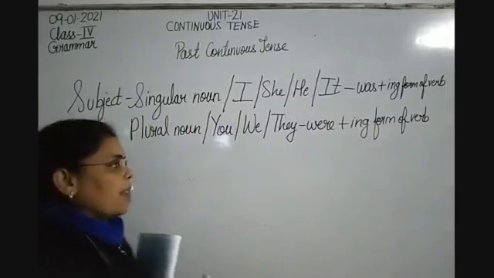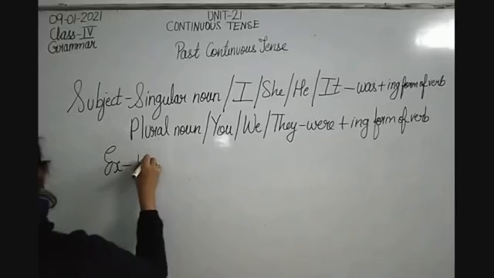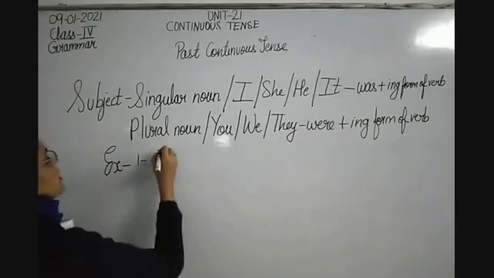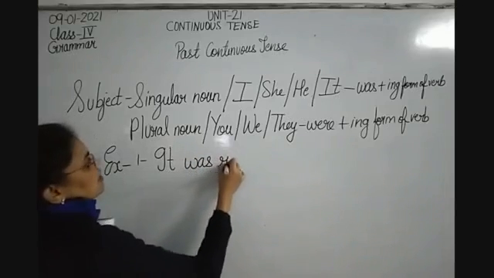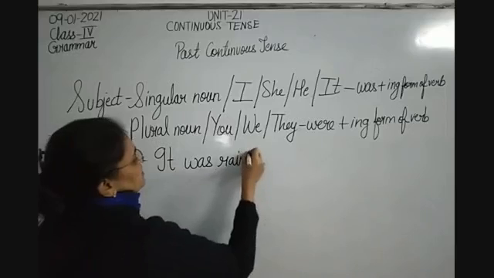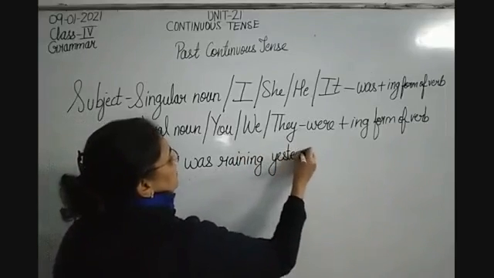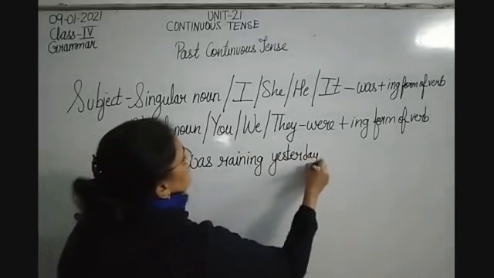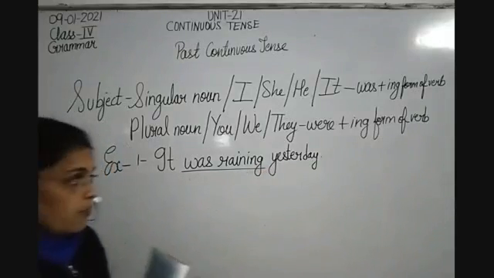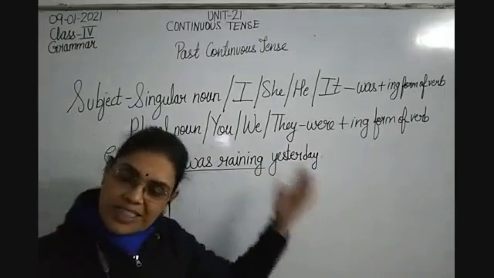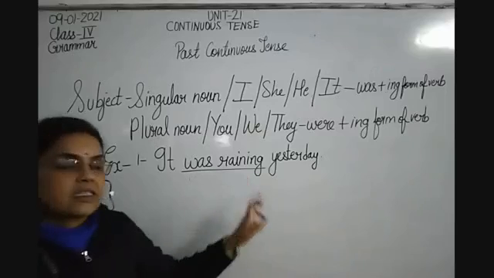Now some examples for past continuous tense children. The first sentence, like it was raining yesterday. It was raining yesterday. So अगर present tense में यही sentence होता तो हम इसको लिखते it is raining today, है ना. लेकिन ये तो yesterday का है तो हमने क्या use किया, it was raining yesterday.